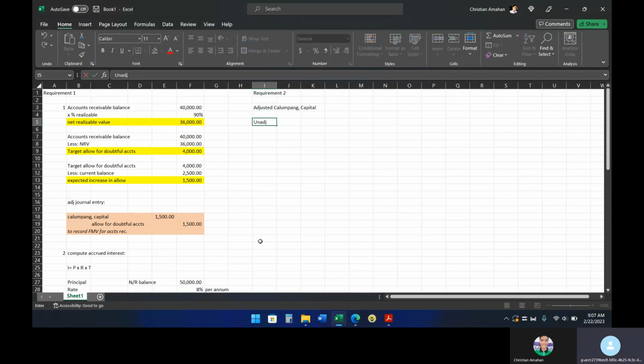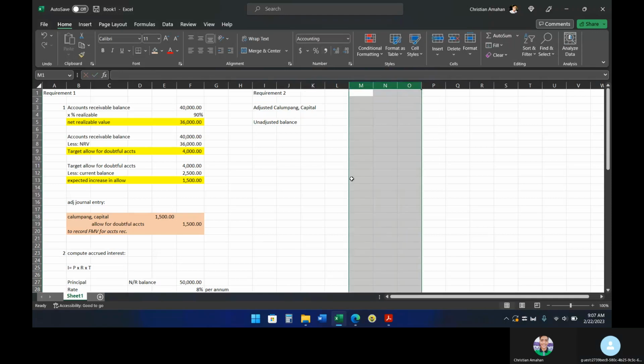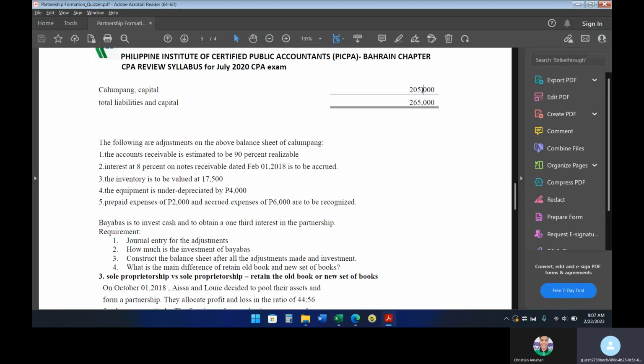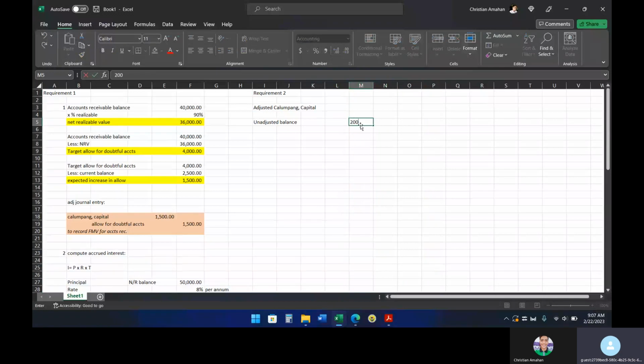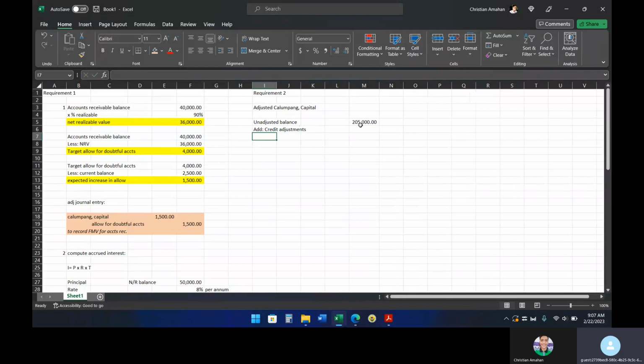Now, the unadjusted balance of Kalumpang's capital is of course this 205,000 pesos based on his balance sheet. So we will add the credit adjustments, because capital is a credit account.